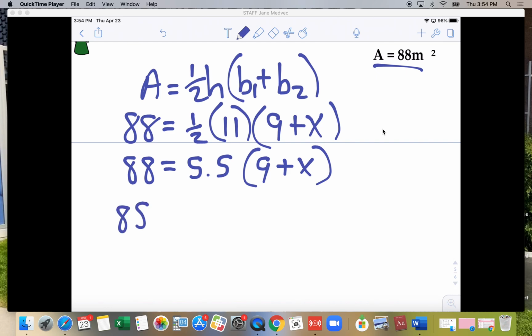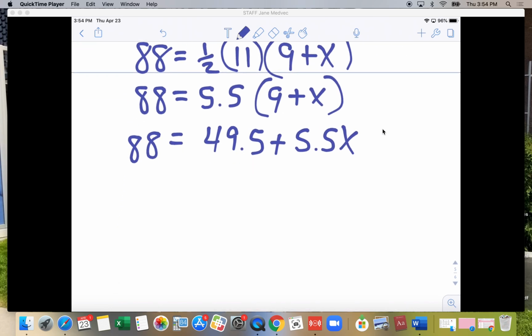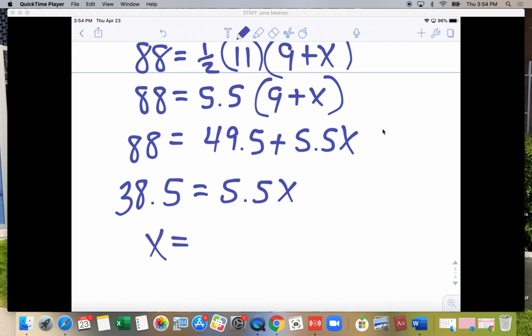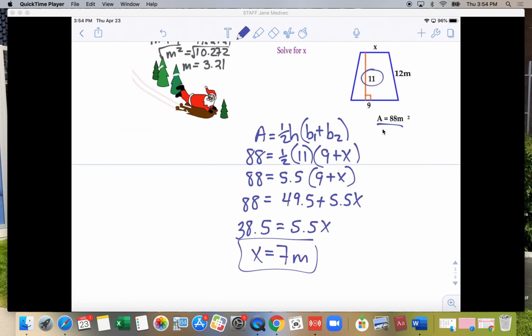So 88 equals 49.5 plus 5.5X. I'm going to subtract the 49.5, and I get 38.5 equals 5.5X. If I divide by 5.5, then X ends up giving me 7. And it would be just meters, because that is the base. I'm not finding the area, I'm just finding the base.